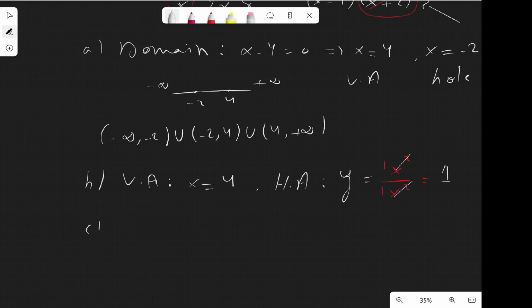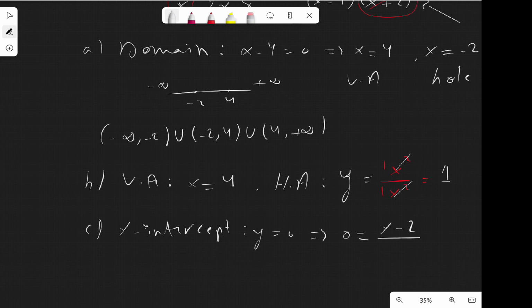Intercepts. I'm gonna find x-intercept first. To find x-intercept, we put y equal to 0. Then 0 is equal to, replace y by 0.